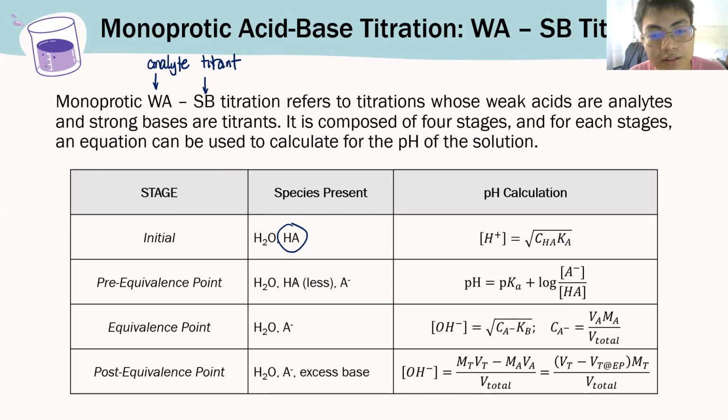Ngayon, ano meron? If you have a weak acid and a conjugate base, then that means you have a buffer solution. Okay, so that's why, as you can see, ito medyo familiar to. This is buffer. So pH equals pKa plus log conjugate base over the acid.